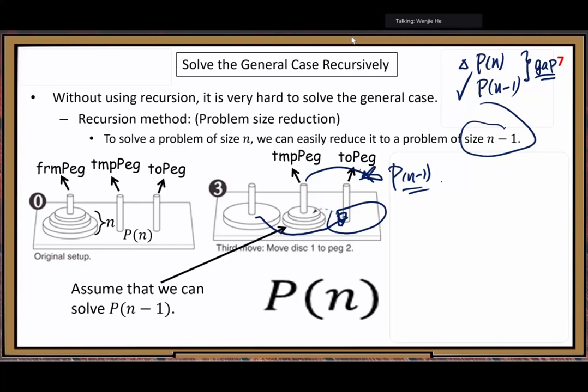So when you move the top n minus 1, you have no problem making that move. You need that kind of abstract thinking. If you feel comfortable with that abstract thinking, then you have no problem completing the whole solution, although it's pretty complicated.